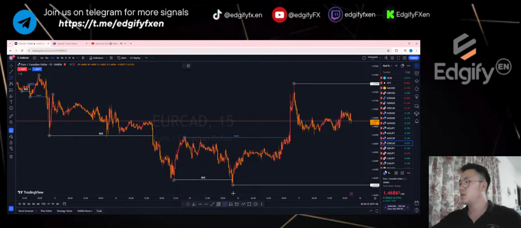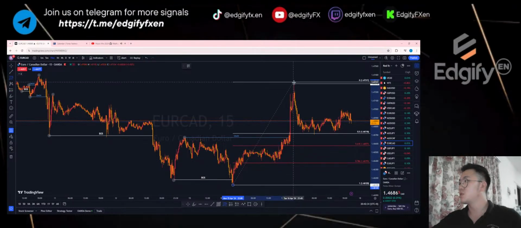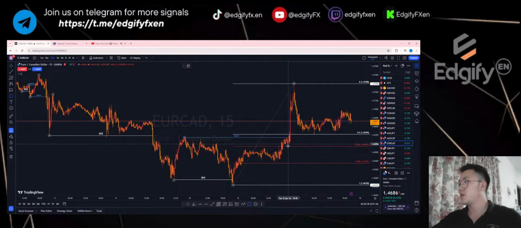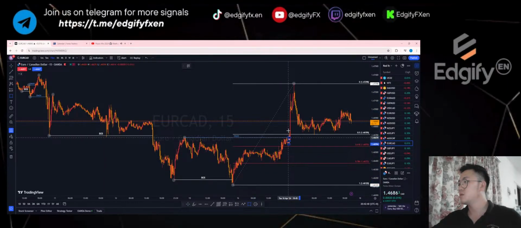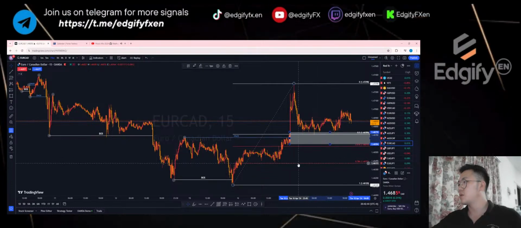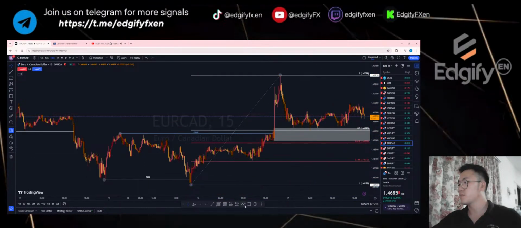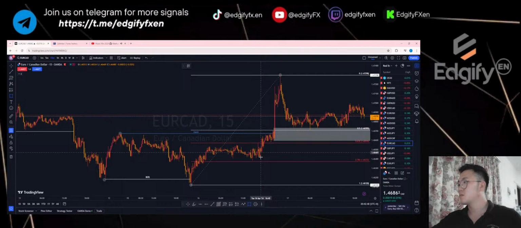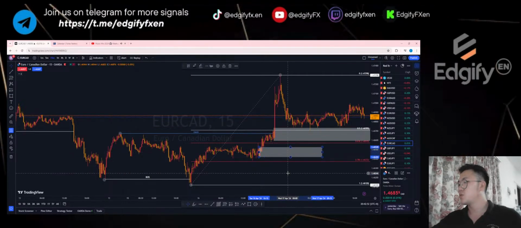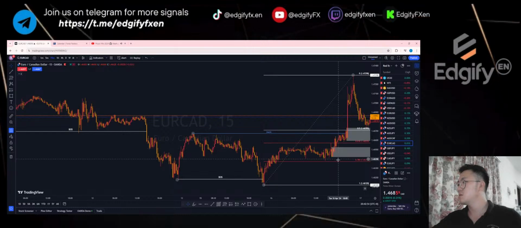Alright, a flip from here to here will determine where we are going to take buys. Basically, we have one here, mitigated already. This one as well is being mitigated here.